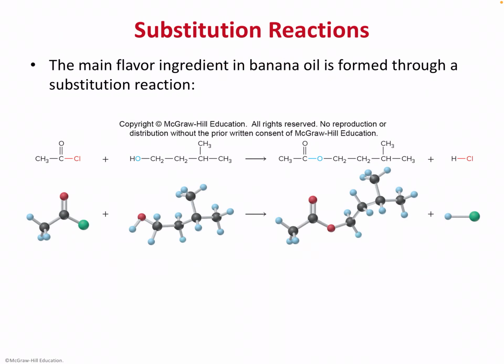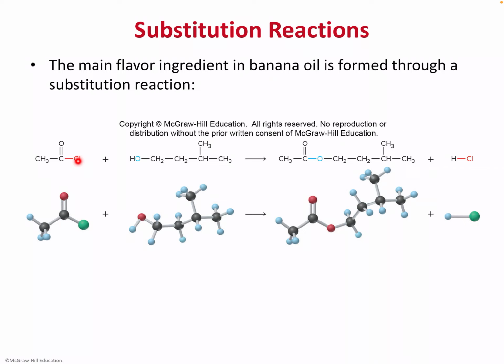The main flavor ingredient in banana oil is formed through a substitution reaction. Let's look at this substitution reaction. Here you have an acid chloride, CH3COCl, which we call an acyl chloride. And here you have an alcohol. So what's going to happen? This oxygen goes and attaches to this carbon and the chlorine leaves.